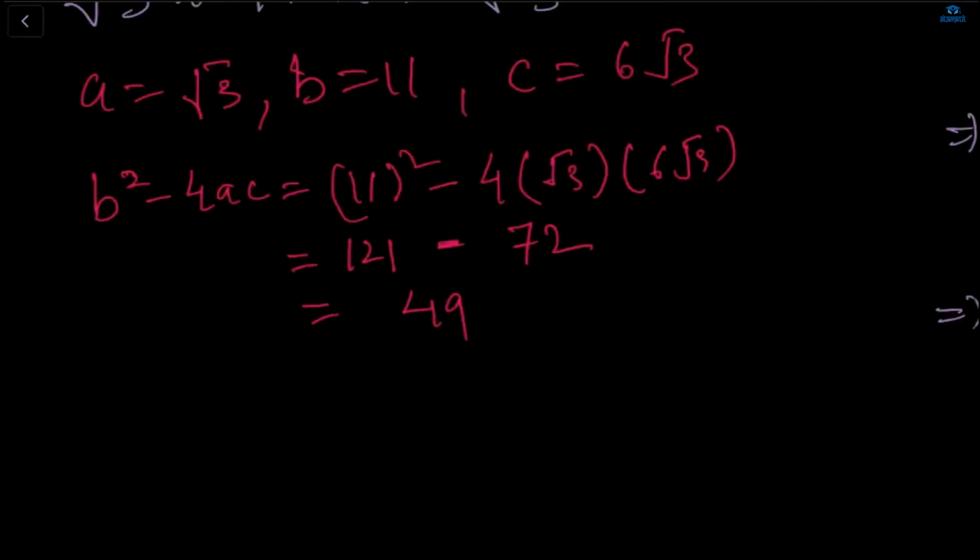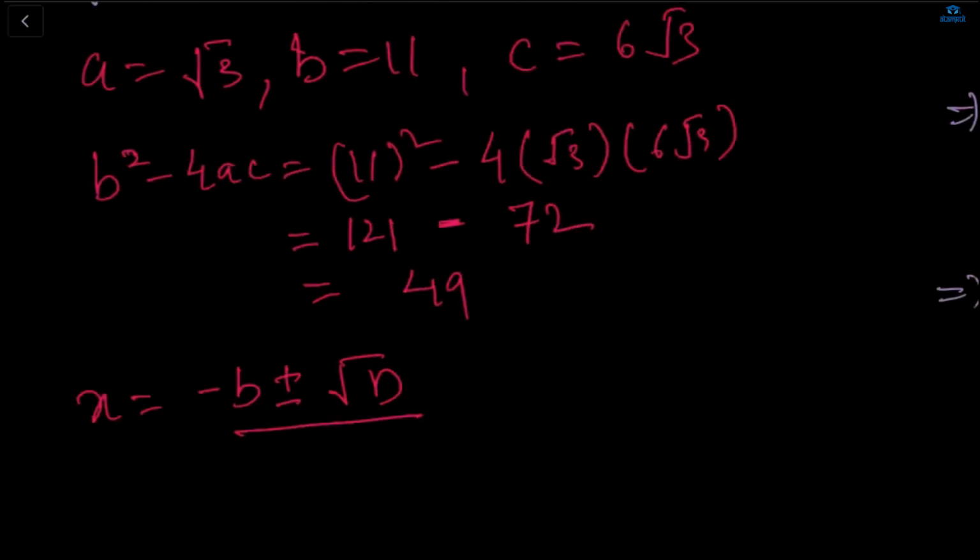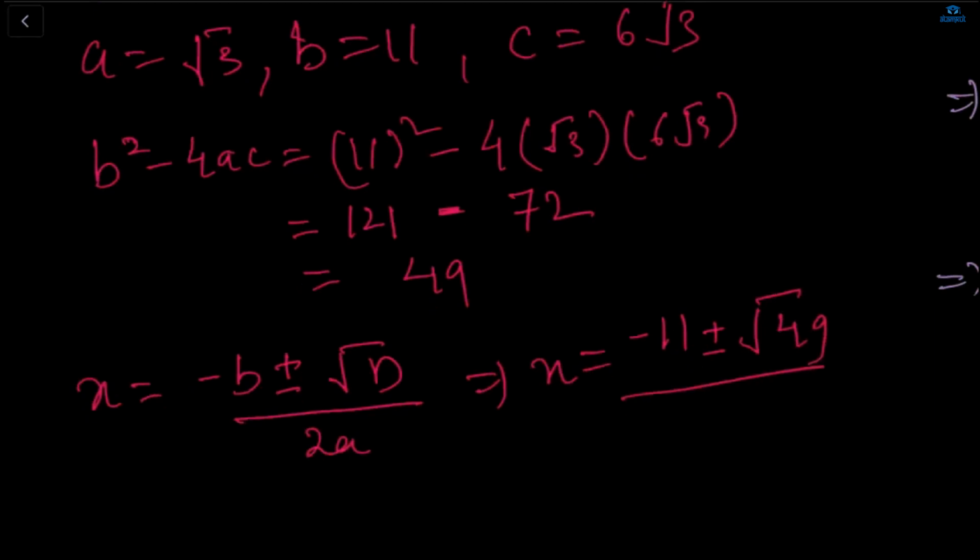Now the x value will be equal to minus b plus minus root d upon 2a. I am writing 2a here, so x is equal to minus 11 plus minus root 49 upon 2 root 3. Yes, 2 root 3 because the a value is root 3.